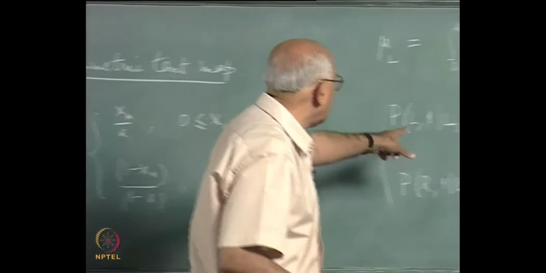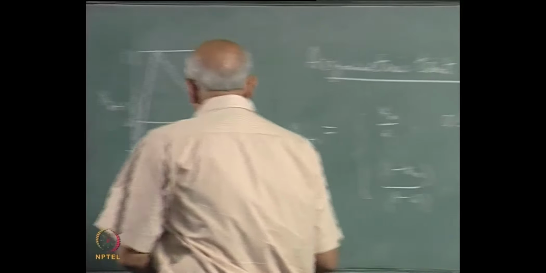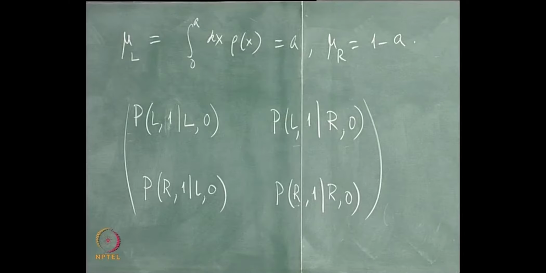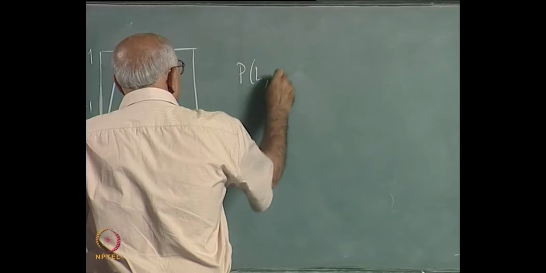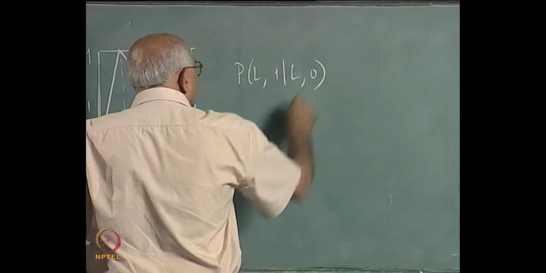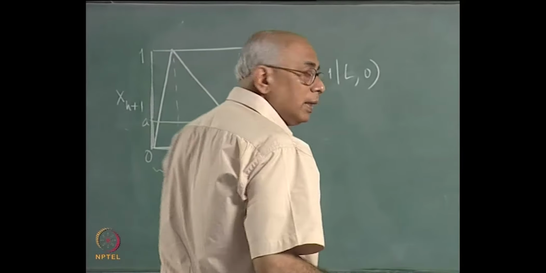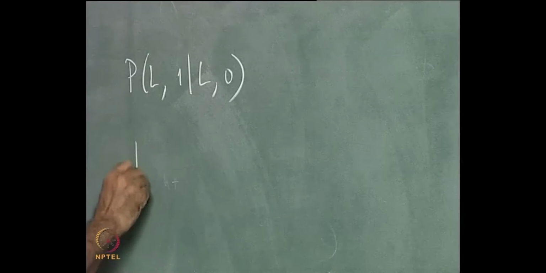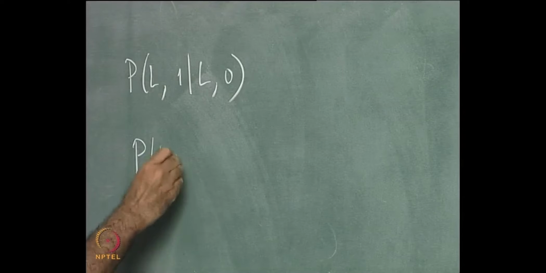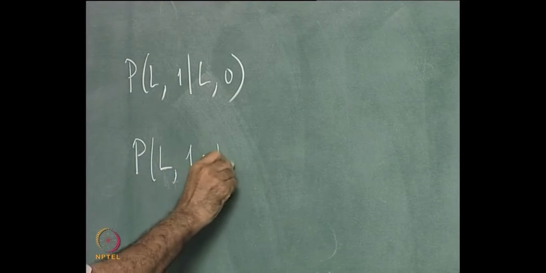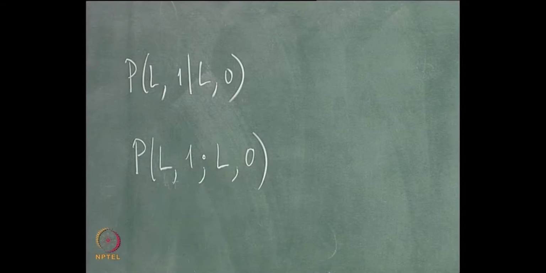From first principles I would like to know what is P at L1 at L0. I have to be a little careful now. So I say, well, what is the joint probability that I am in the left cell at time 1 given that I am in the left cell at time 0.